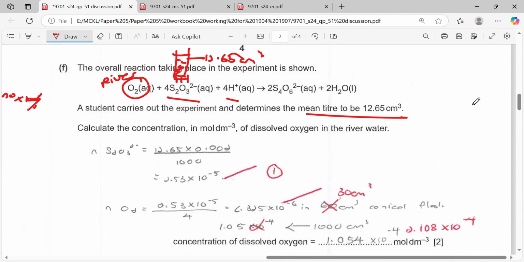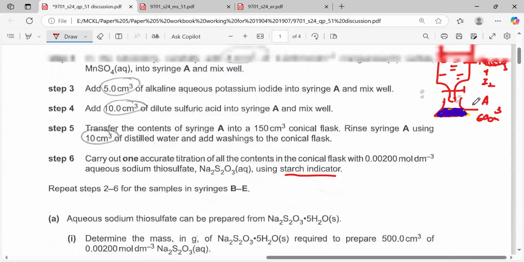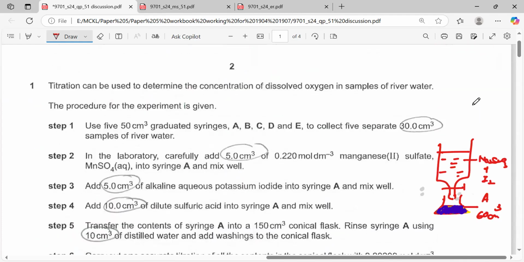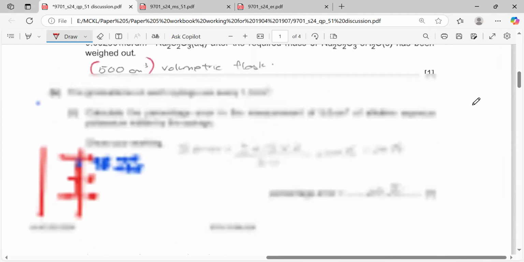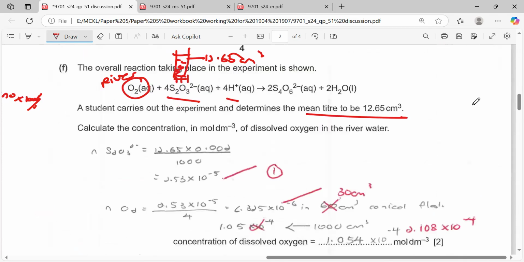The question now is why is it not 60? Rather, the answer was 30. Because if we check back on top again, the river water is 30. Correct? River water is 30. But I took the whole thing, which is 60. Okay, that was my mistake. So if 30 centimeter cube is this number of mole, therefore 1000 centimeter cube will be 2.108 times 10 to the power negative 4.